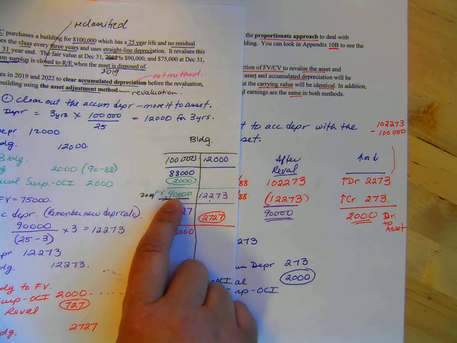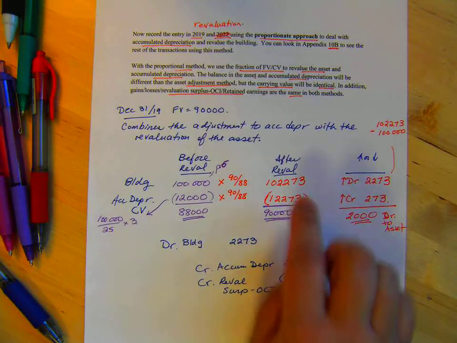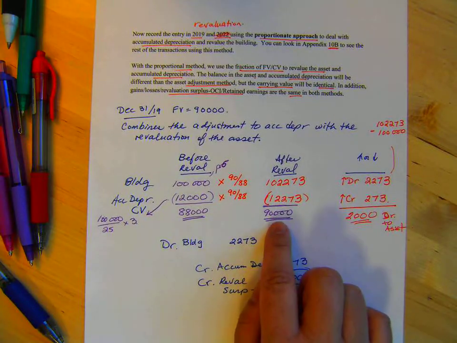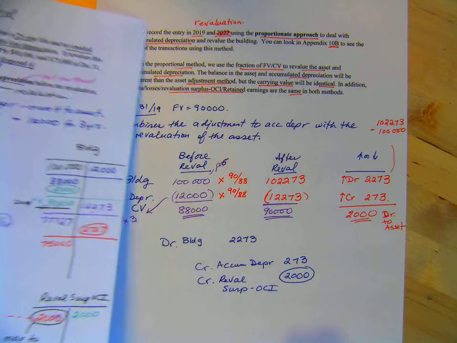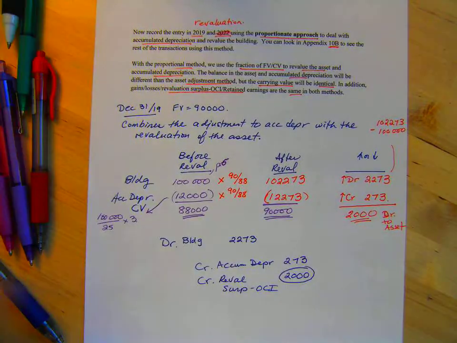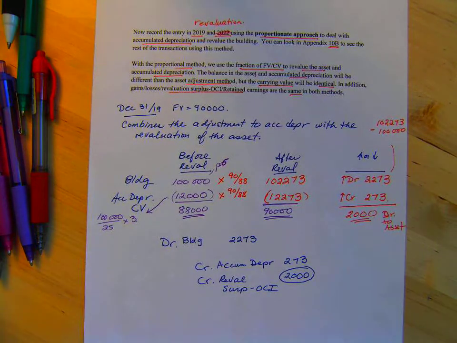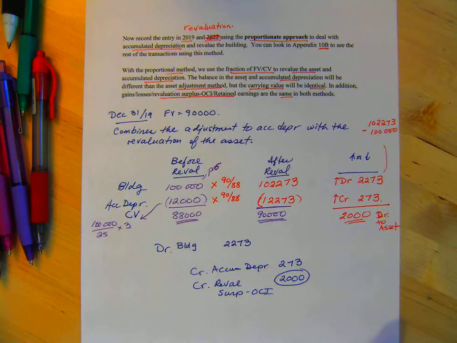It was 0. However, here, 12,273. So when you take carrying value or book value, it turns out to be 90, just like this is. Okay? So you can try that out. You're doing 2022, look in Appendix 10B, see what you did, and that should be good. That's kind of enough coverage for that. I can't remember if I put one in Wiley just to have you do it, but yeah, not a lot of weight on that.